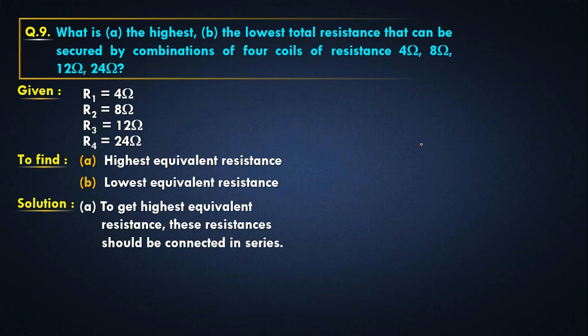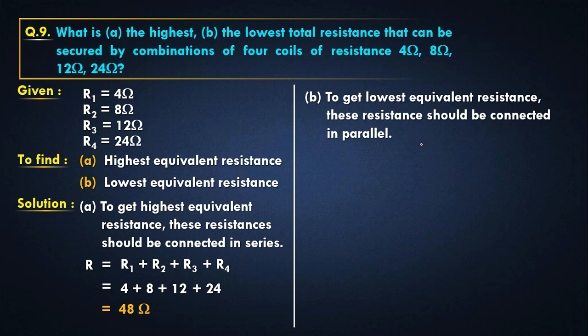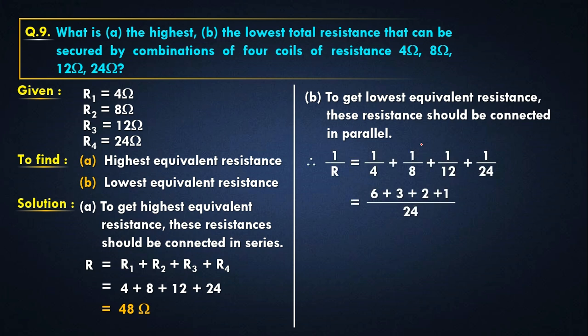Lowest is possible only when we connect them all in parallel. To get the highest one, we should connect in series, 48 ohms. And to get the lowest, we should connect them in parallel, 1 by 4 plus 1 by 8 plus 1 by 12 plus 1 by 24. Is it right? So this is 1 by 2, that is 2 ohms.